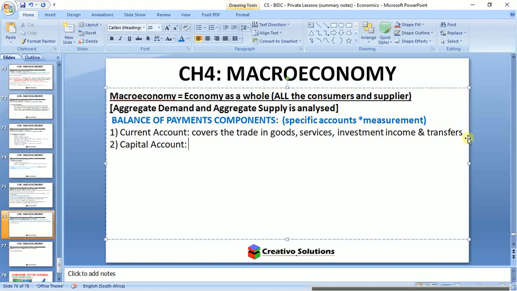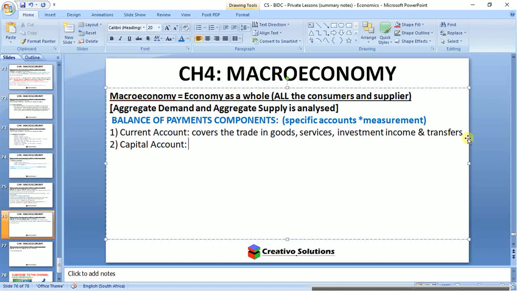So capital, again, if you want to write the definition now, that's fine. Within the balance of payments, a record of capital transfers and acquisition and disposal of non-produced non-financial assets. This is looking at capital, which is longer term.